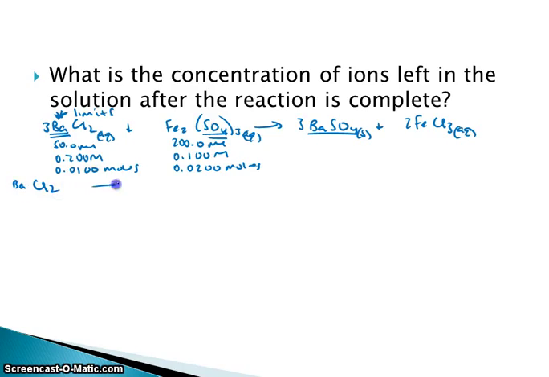Okay, if we have barium chloride and we dissolve it in water, that's going to give us barium ions and chloride ions. Well, we had 0.0100 moles of barium chloride, so that's going to give us 0.0100 moles of barium ion and twice that of chloride ion.